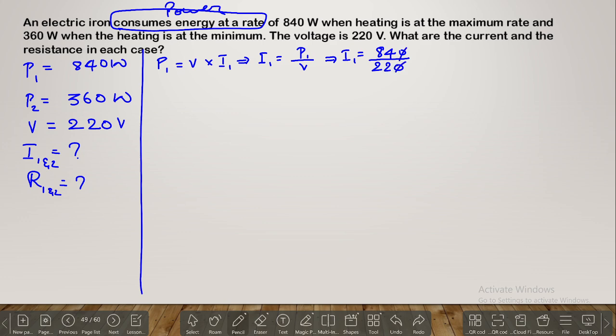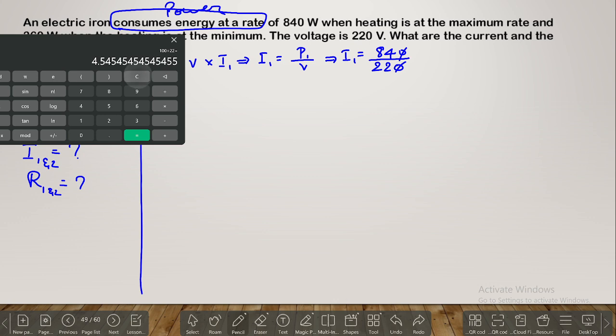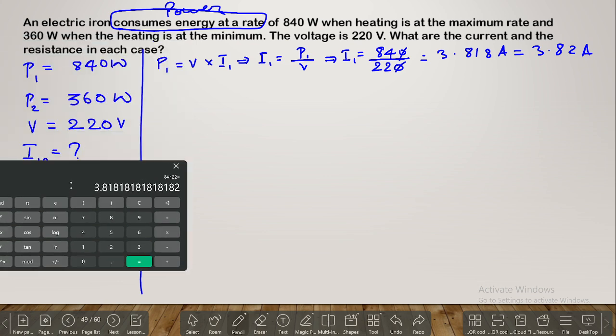If you divide these two numbers, 84 divided by 22, that's going to be 3.818 ampere, or I can write it as 3.82 ampere. So this is going to be the current at the maximum rate.